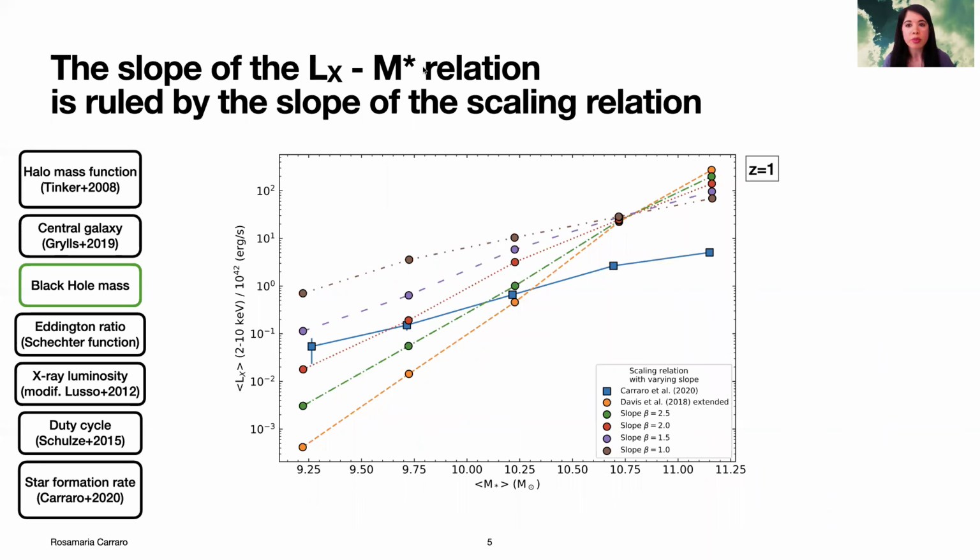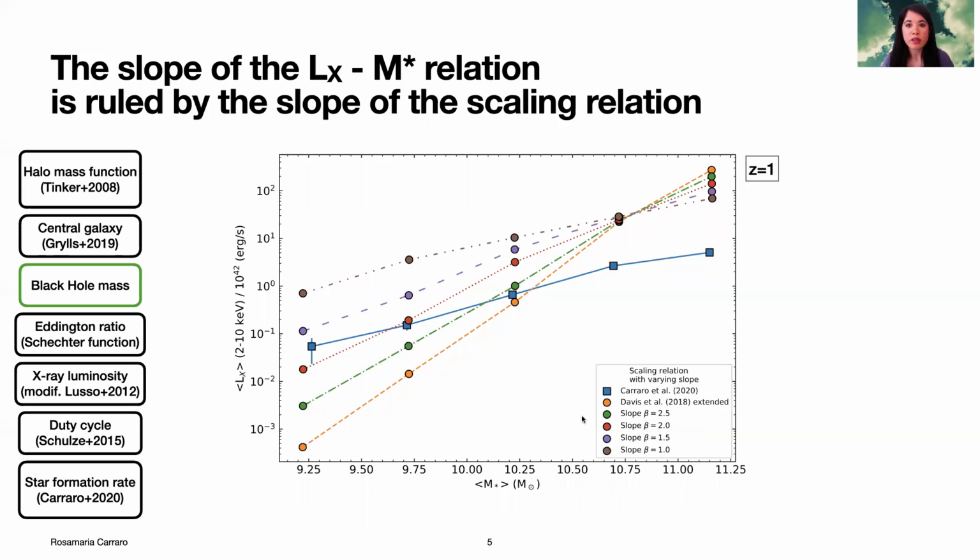Now we will see a few plots with the LX, X-ray luminosity, to stellar mass relations obtained at redshift 1 by varying one of the model's relations at a time, and we compare the results from our model to observational data. Here we vary the scaling relation. It's a toy model in which we extend the Davis relation to lower masses.